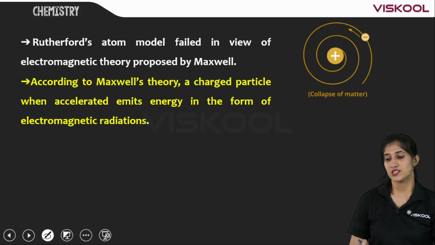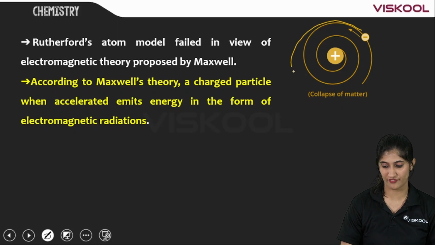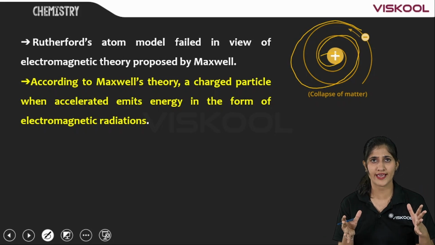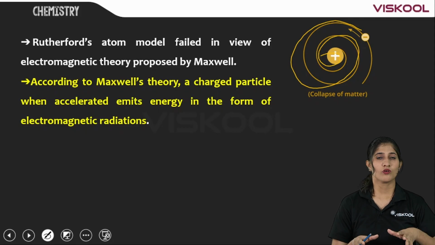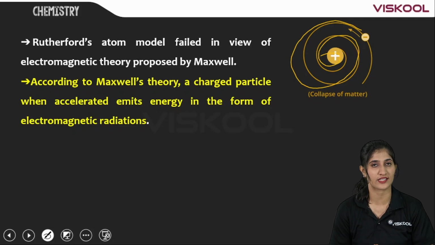So this electron will emit energy in the form of radiation and finally it will collapse into the nucleus. So, atom will collapse. Now, does it really happen? No, right? Atom does not collapse at all. So, Rutherford could not account for electromagnetic theory, so he could not explain the stability of atom.